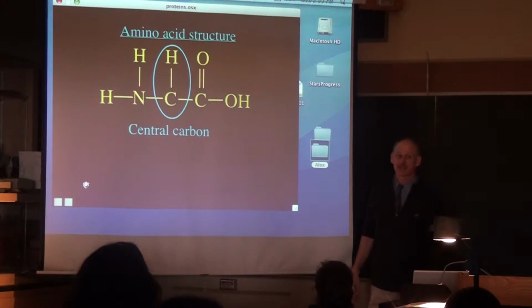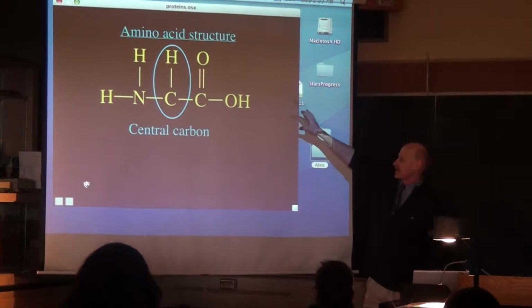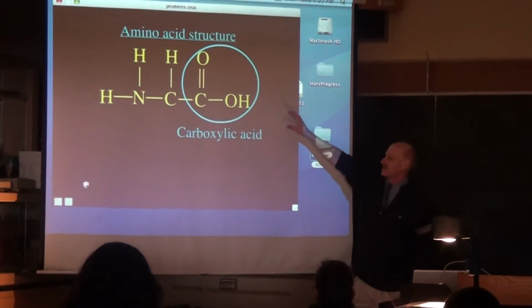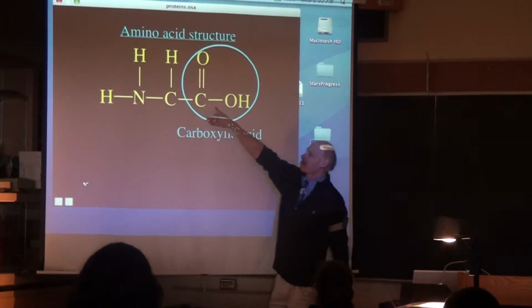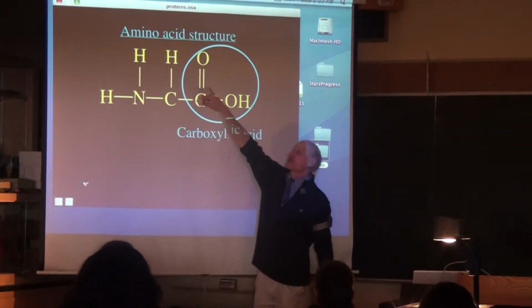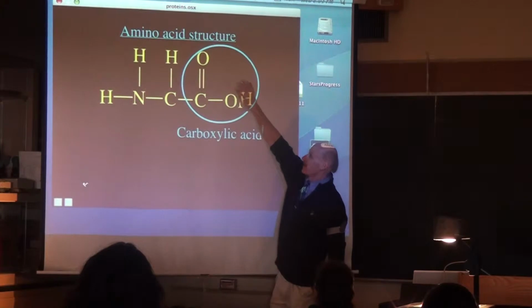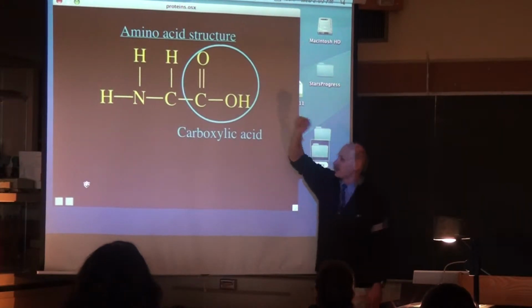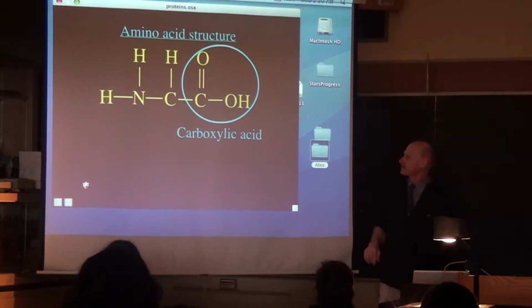It's just called the central carbon. It's kind of in the middle. And the third part is this carboxylic acid functional group. And remember, a carboxylic acid is a carbon that has a double bonded oxygen on one side and an oxygen and a hydrogen on the other side. So that's an amino acid backbone.